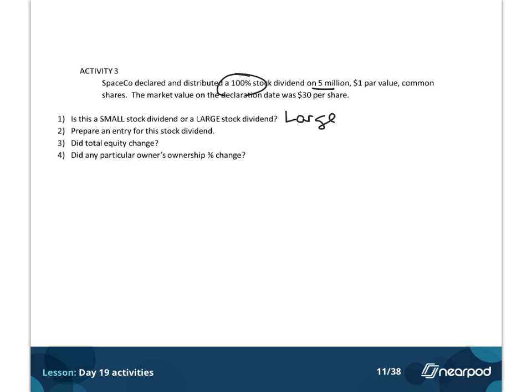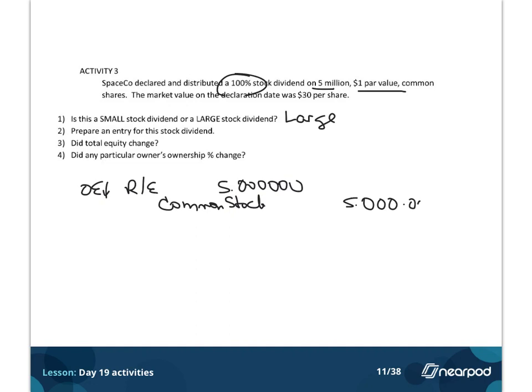So this is going to be valued at par value because that's the rule, and it's going to be for 5 million shares. So in this entry, we're going to see owner's equity go down by 5 million, and we're going to see common stock go up by 5 million. Okay, a large stock dividend.